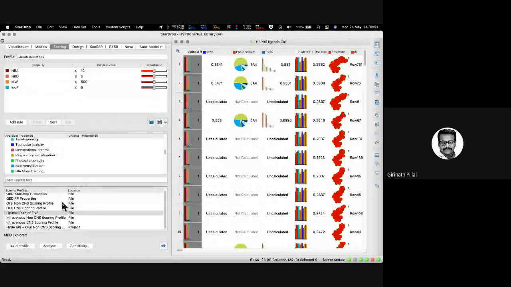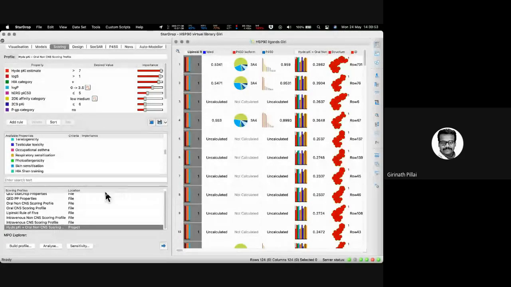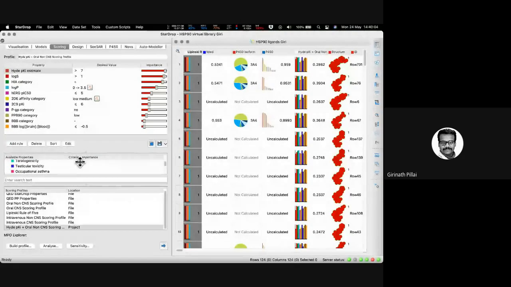I wanted to look at the oral non-CNS scoring profile. In the scoring profile, I can consider experimental as well as predicted values. That is the beauty here. So you can consider both predicted as well as experimental data in order to do multi-parameter optimization.